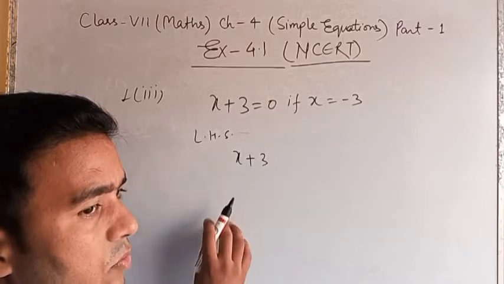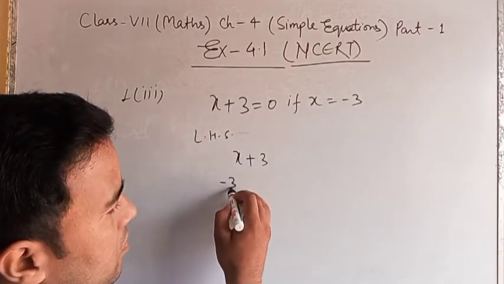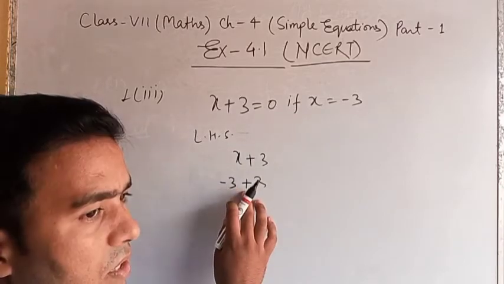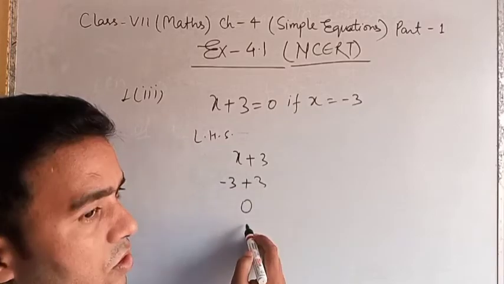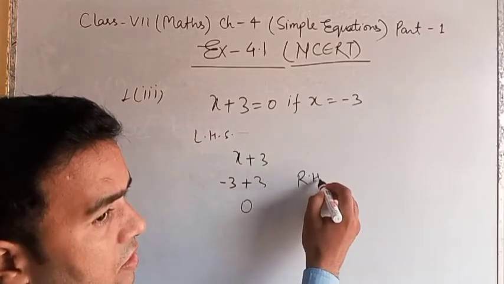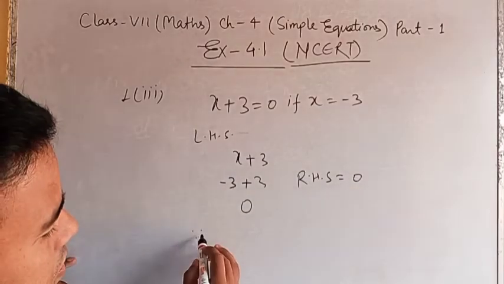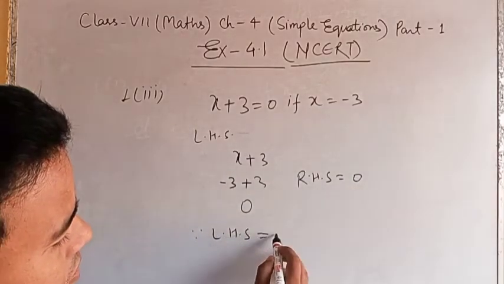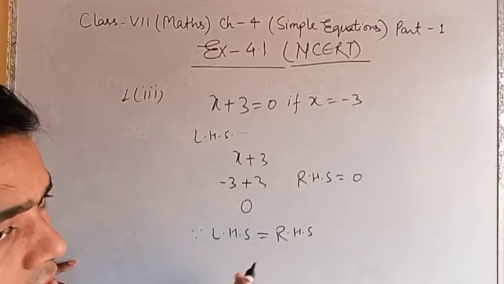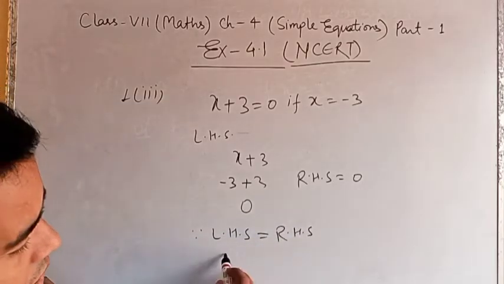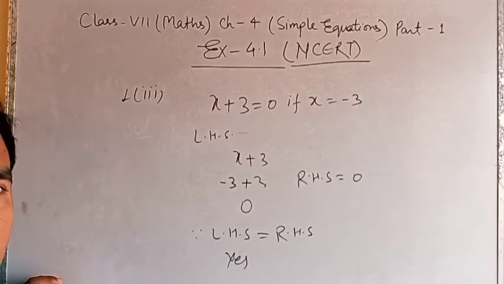If you take x equal to minus 3, minus 3 plus 3, minus plus minus, 3 minus 3, 0. And here the right hand side is also 0. Clear? Means left hand side is equal to right hand side. Then answer is yes. Okay?